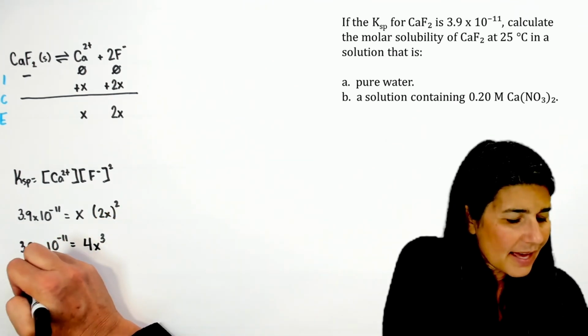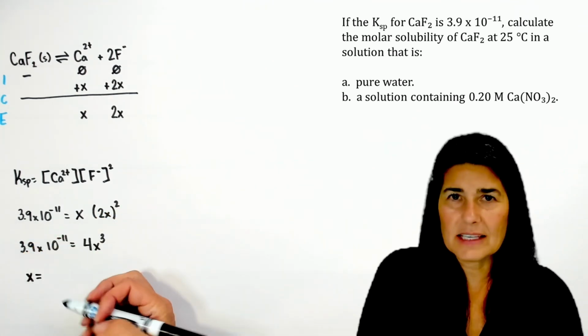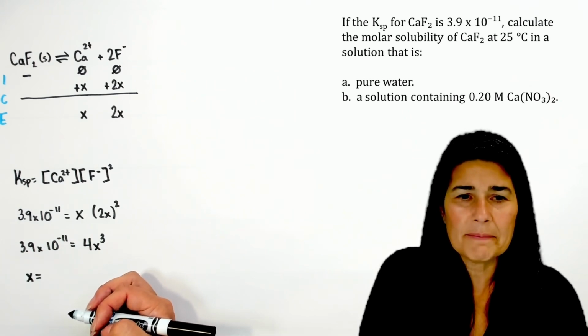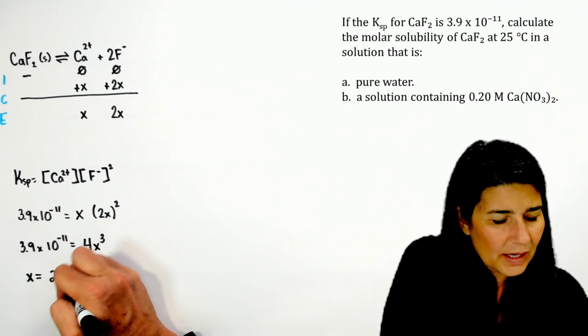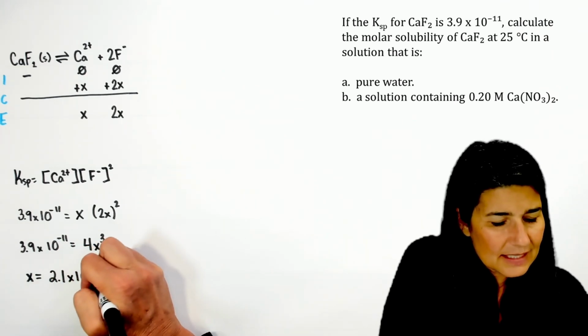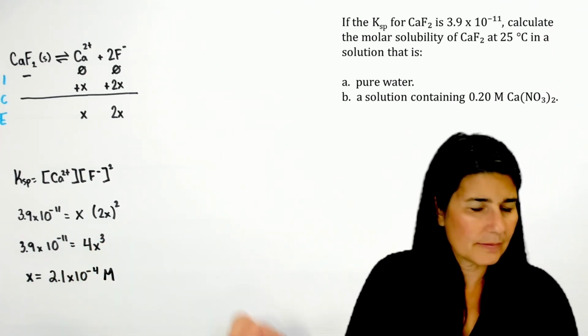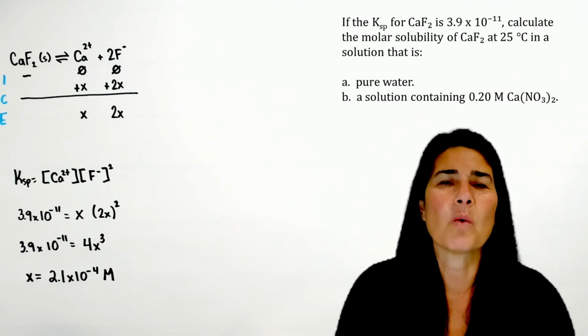Now, if you solve for X, that's going to give us our molar solubility. We get a solubility of 2.1 times 10 to the minus 4 molar. Okay, that's if we're in pure water.